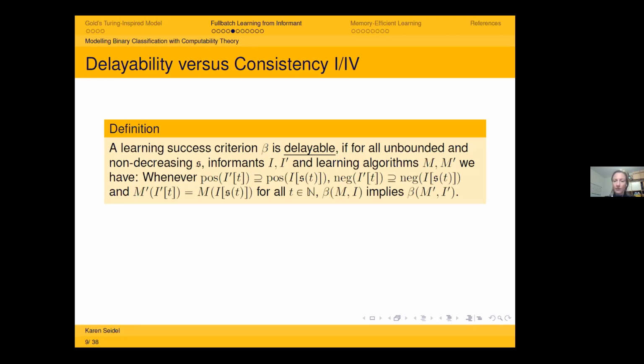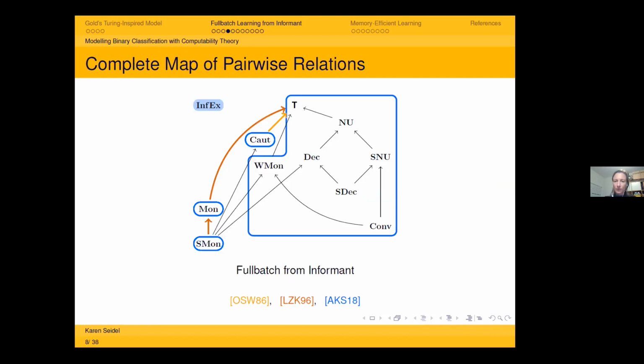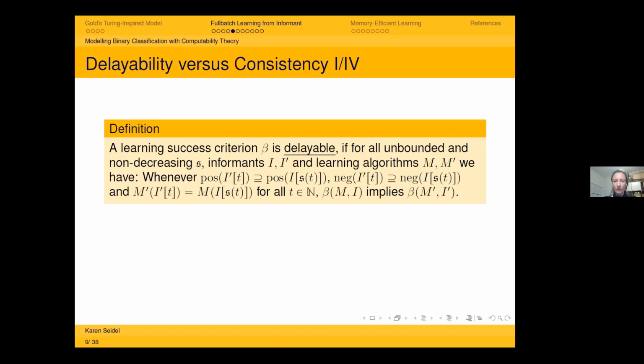And then it's very easy to see that most of the requirements carry over, or basically all that you have seen on the previous slide in this map. They are all delayable, so they are not influenced.